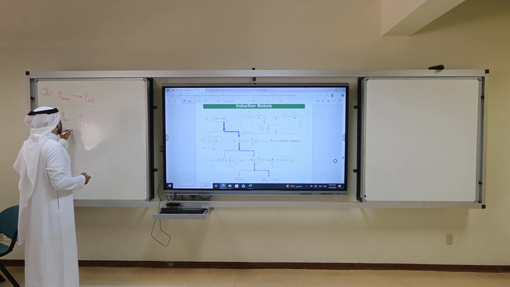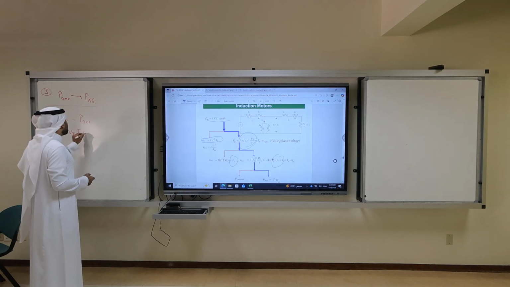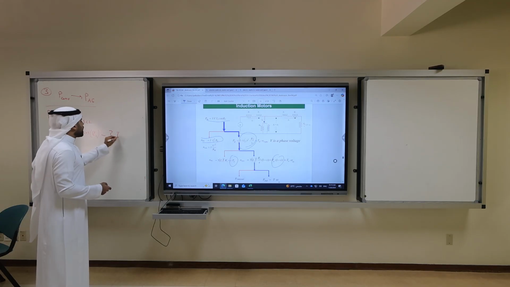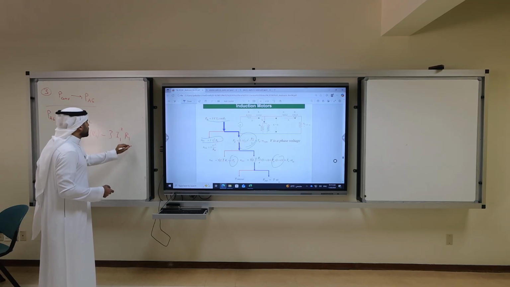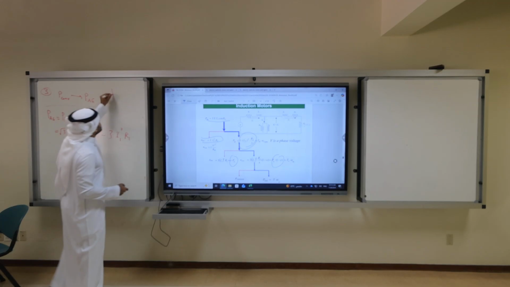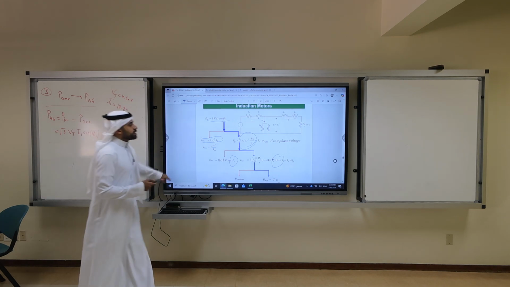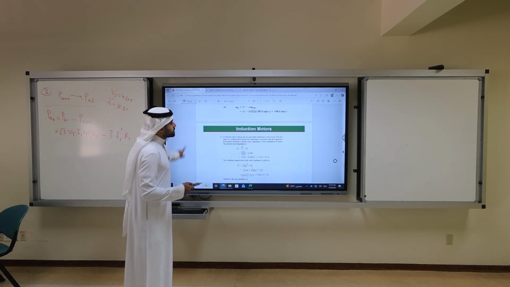Square root of 3 V terminal I1 cosine of theta 1, which is the power factor, minus 3 I1 squared R1. I already know VT to be 460 from example 3, and I1 is 18.88. I forgot, check I1 from example 1.